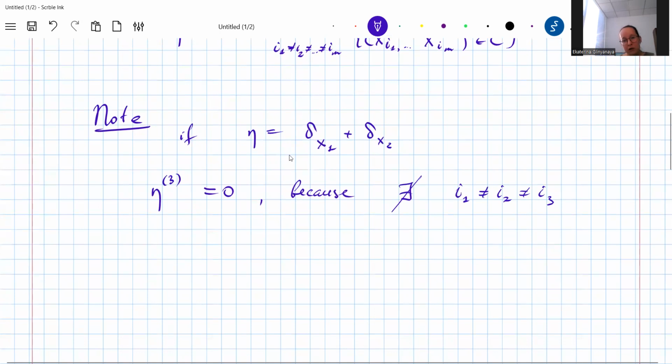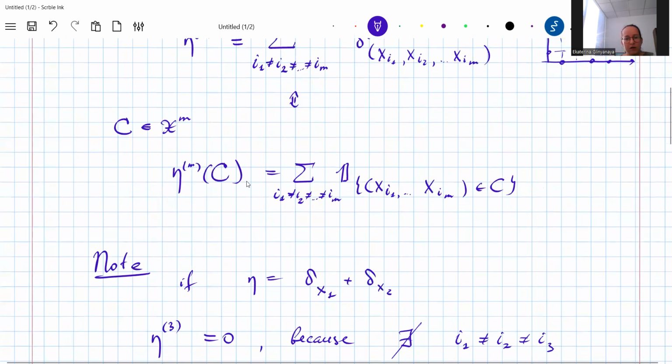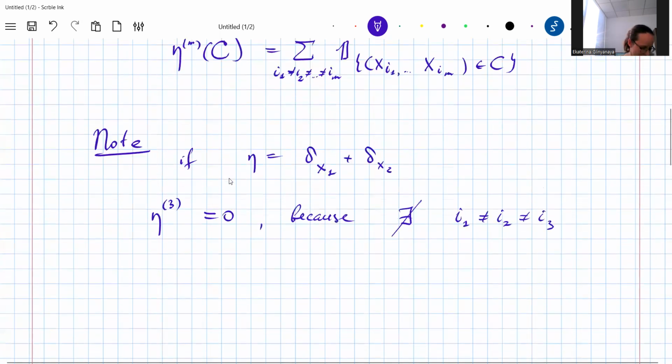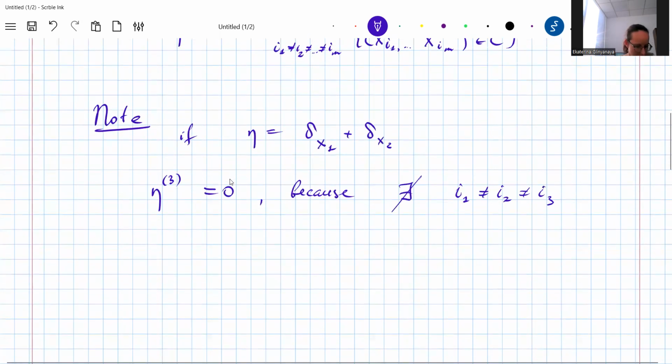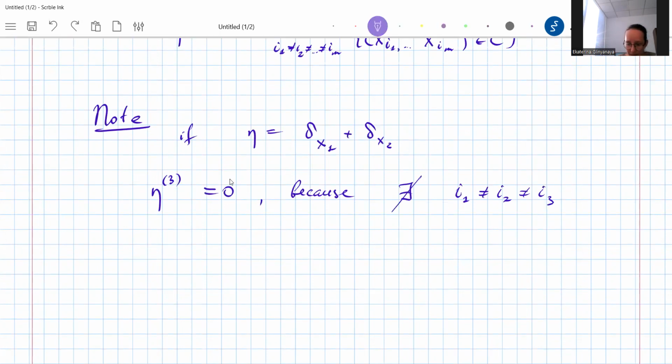Since we write this equality for measures, we can define the action for the integral with respect to the factorial measure.